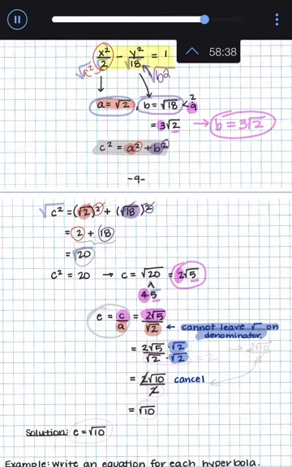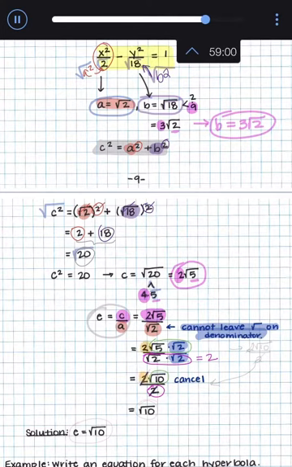What does that do? On the bottom, the square root of 2 times the square root of 2 just leaves you with a 2. And be careful on top. You have the square root of 2 times the square root of 5, which is the square root of 10. Don't lose the 2 that was out in front either.